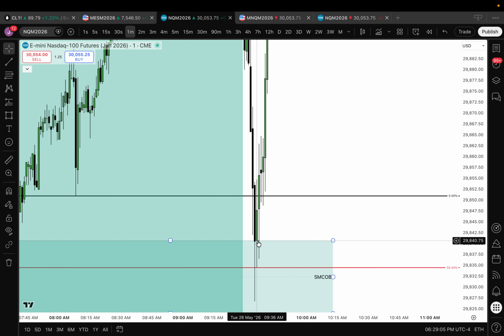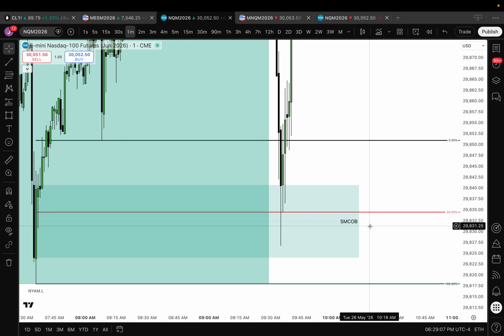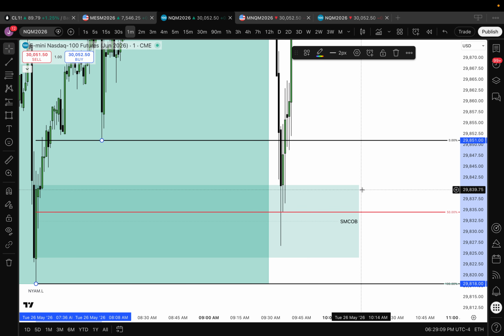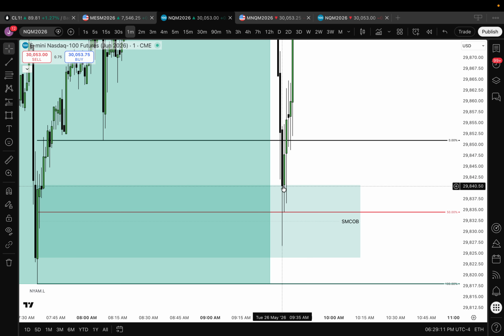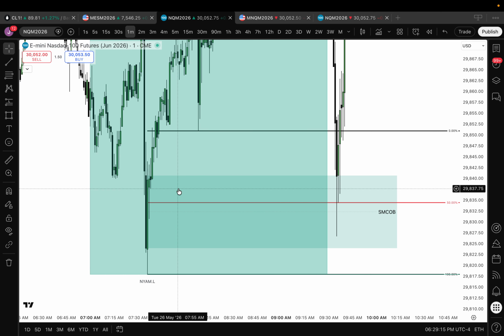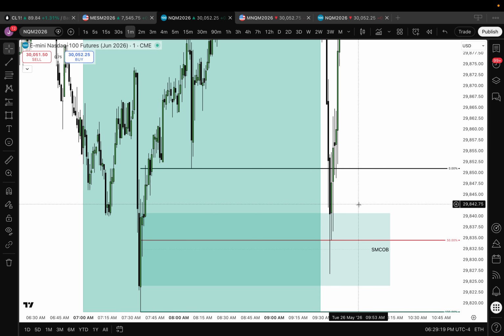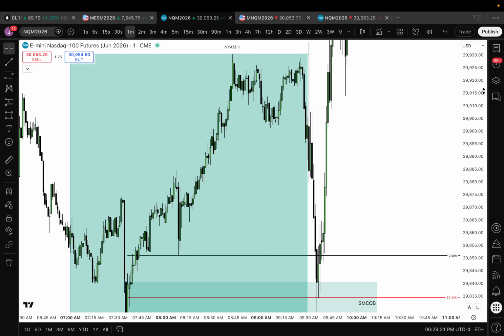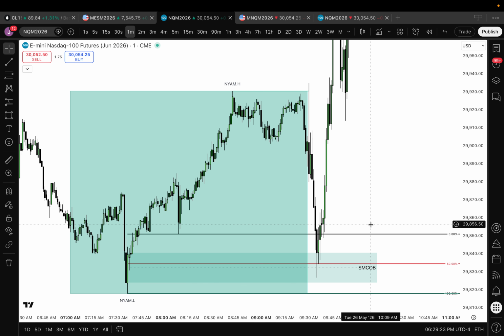See, then even it was so willing to go up, and it was aligned with this event horizon, that the bodies didn't even want to go inside of the order block at all, because smart money does not want to put any of their massive positions into negative at all. So they're very willing to push it up.